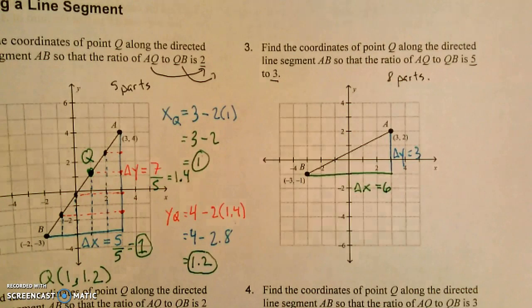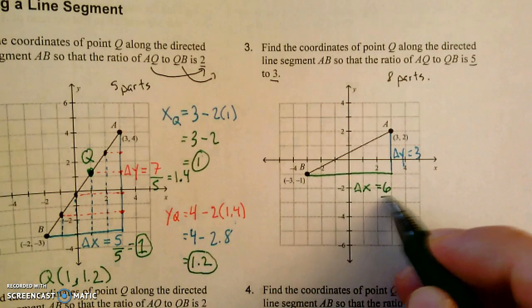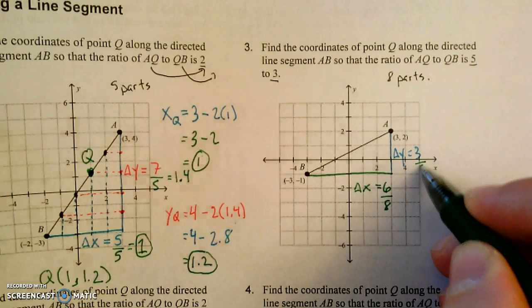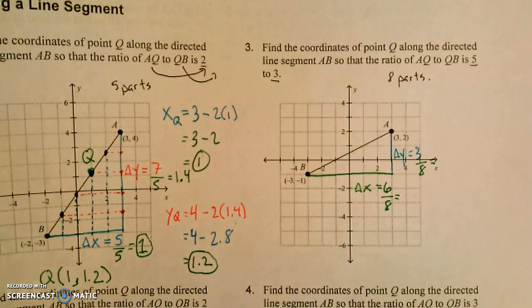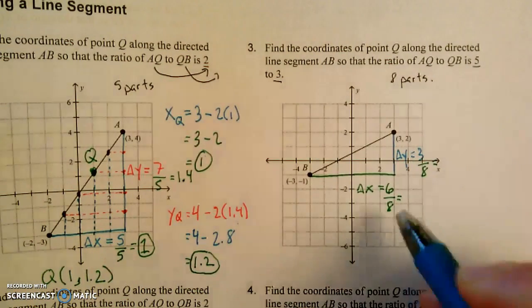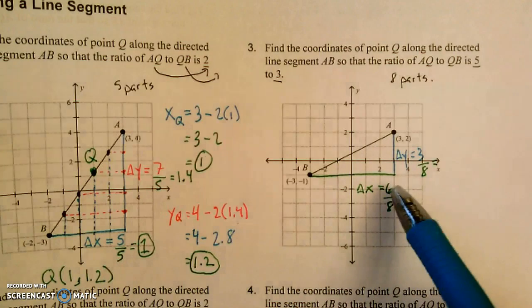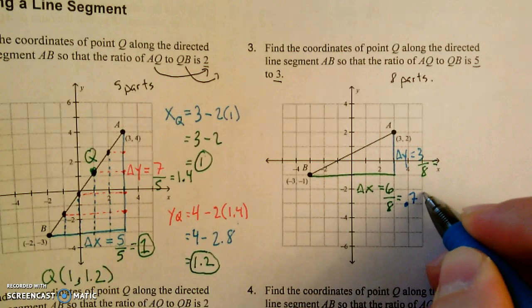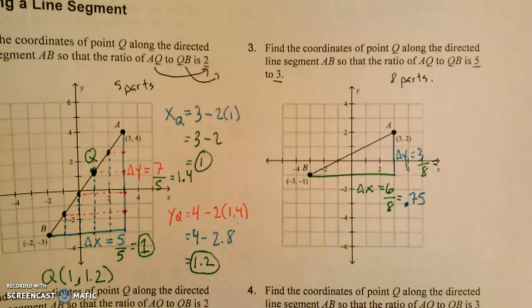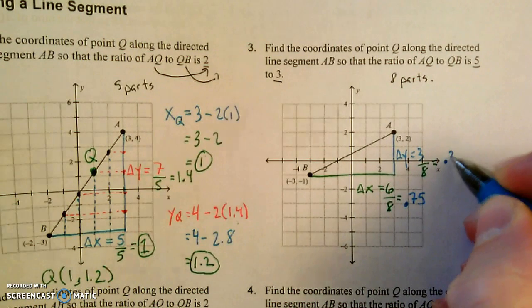Then we're going to divide each of those by 8, to find out what the delta X and the delta Y for each of our individual small pieces will be. 6 divided by 8 is the same as 3 divided by 4, which is 0.75. And 3 divided by 8 is 0.375, sorry.